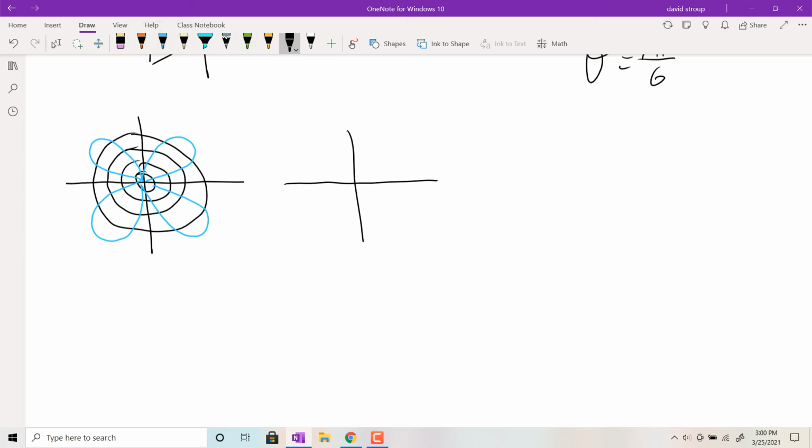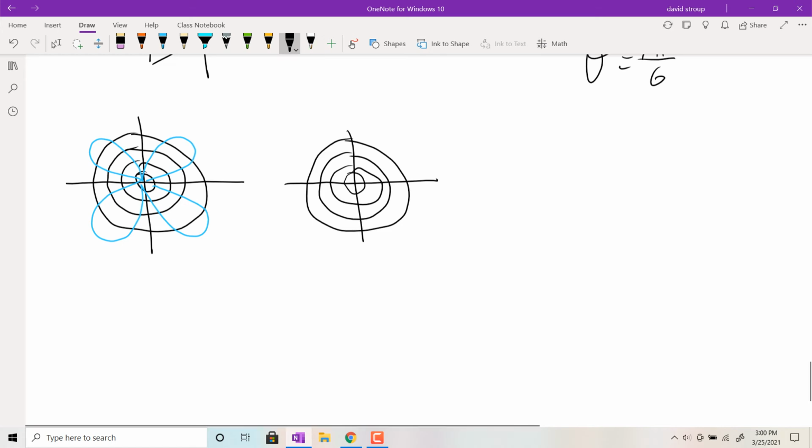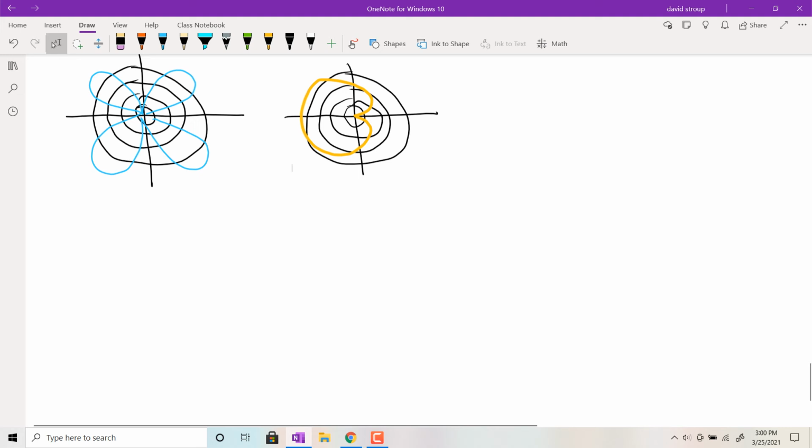Okay, so cardioids, like cardiologists, it looks like a heart. You can use circles, just a regular old circle. It's pretty easy to do in polar coordinates. Here's a cardioid. Kind of looks like a heart, but not really, I guess. So it's going to be really cool. And we want to be able to go back and forth between polar equations and rectangular equations. So let's take a look at that process.